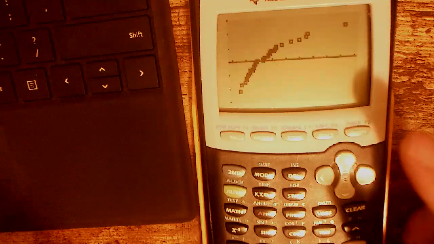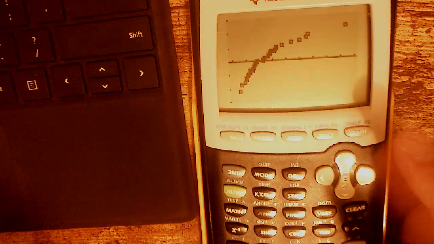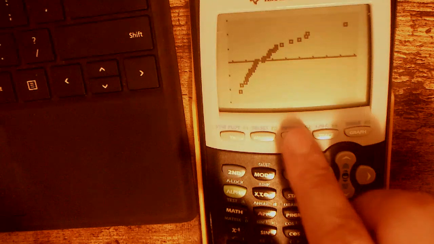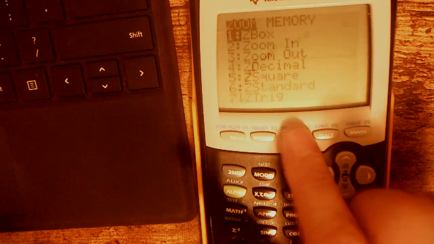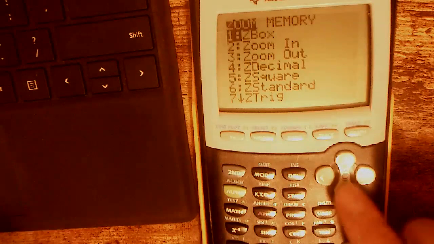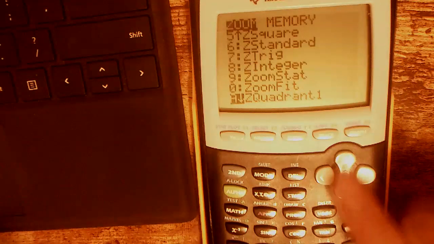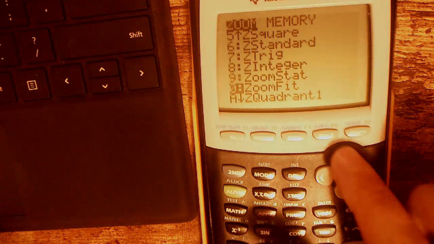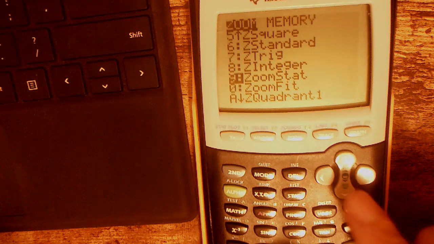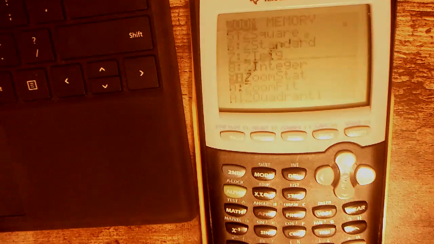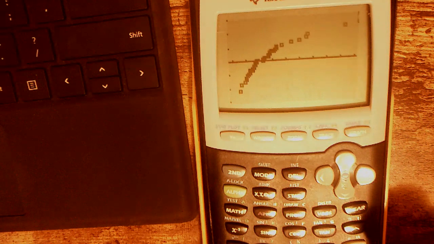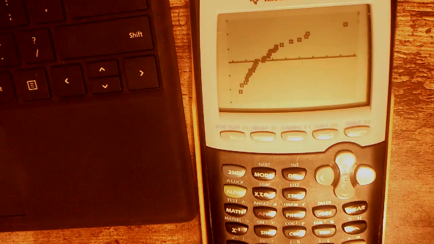If you don't see the same thing, that's fine. All you need to do is go to the middle key, zoom, 9, zoom stat, and then go down, confirm zoom stat. And you should have the same thing as mine.